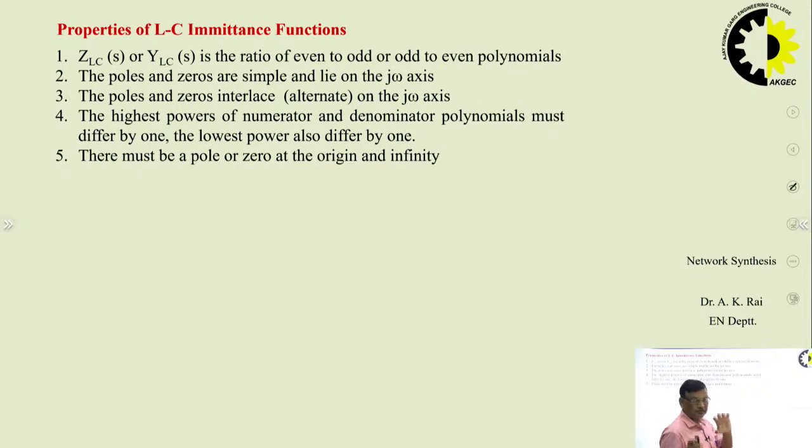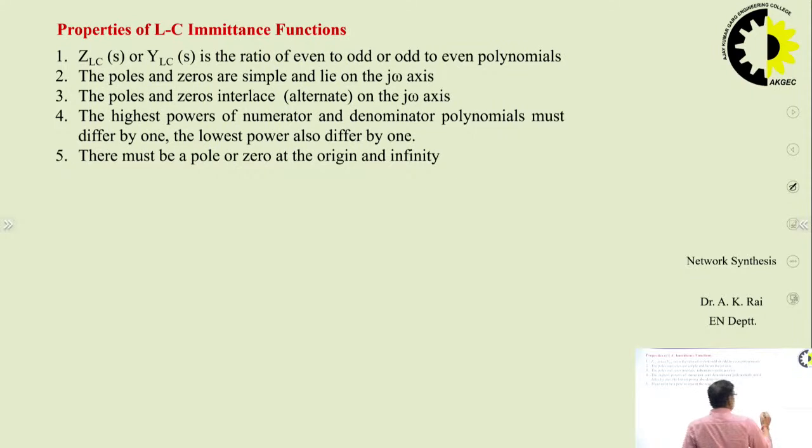So, what are the properties for the LC immittance function? The first one is that Z of LC, the impedance of the LC function, or the admittance of the LC function, is the ratio of even to odd or odd to even polynomials. Okay, first property. Then second, poles and zeros are simple and lie on the j omega axis.